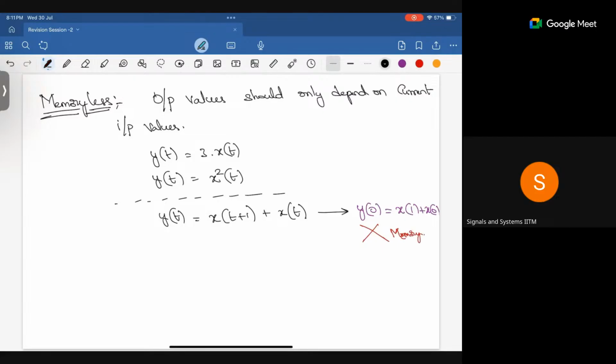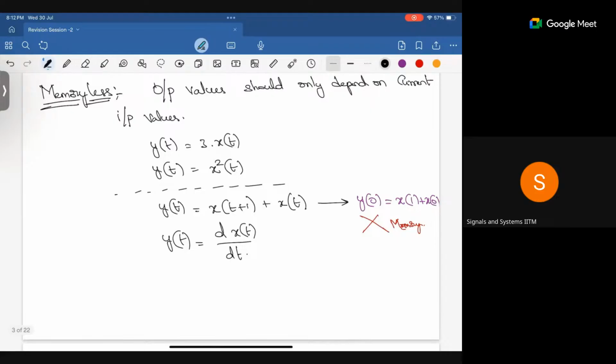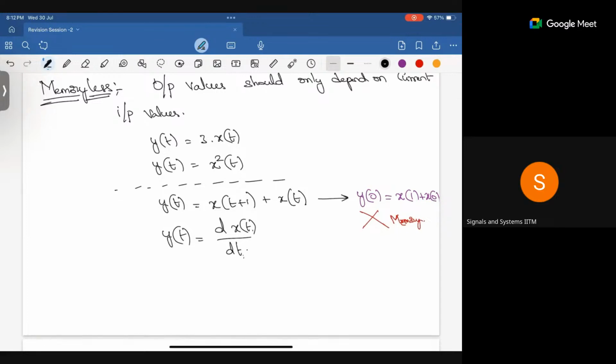Okay, and let's say this discussed example, dx of t by dt. We all know dx by dt, the differentiator, is basically the small difference in the numerator divided by the small difference in the time variable. We would have studied dy by dx, the rate of change in y divided by the rate of change in x, rise by run.